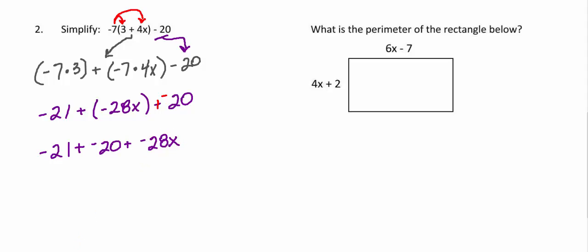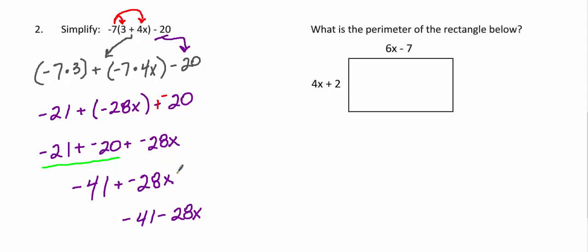But the only parts that can actually be put together are these parts, because these are 1s and those are x's. So negative 21 plus another negative 20 is negative 41 plus negative 28x, or if you would like, you could write it as negative 41 minus positive 28x. It doesn't matter whether you write your final answer adding the negative or subtracting the positive. It means the same thing.